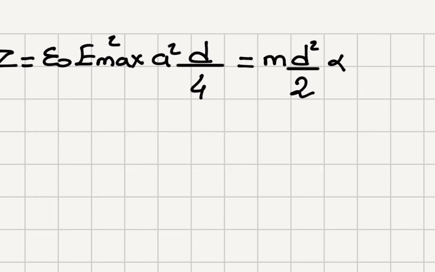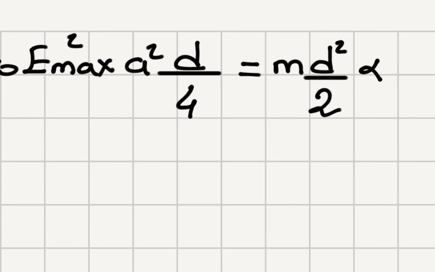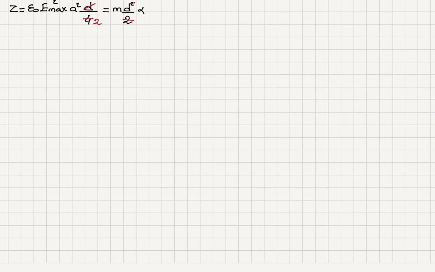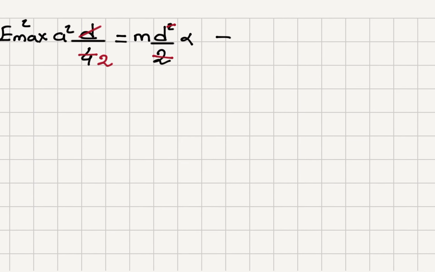Now you can see here, this d will get rid of this square, and then I will have this 2 making this 4, 2 here. So that will give me my final answer for alpha from this equation.